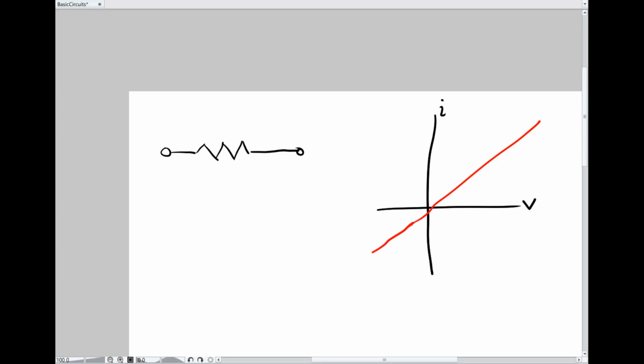The slope of this line is called the conductance of the resistor. But more commonly, we define conductance as the reciprocal of resistance. So the slope of the IV curve is 1 over the resistance.